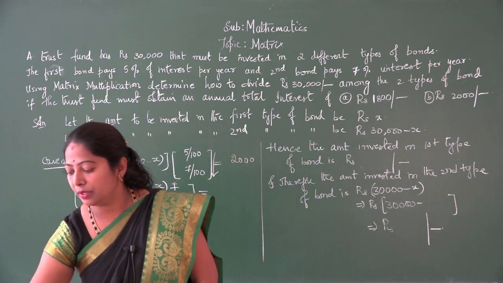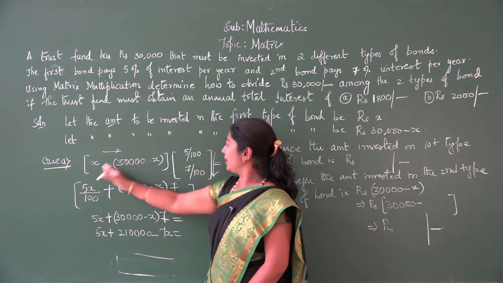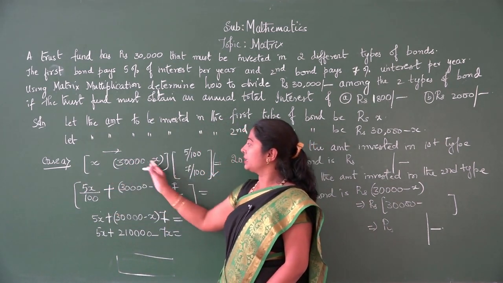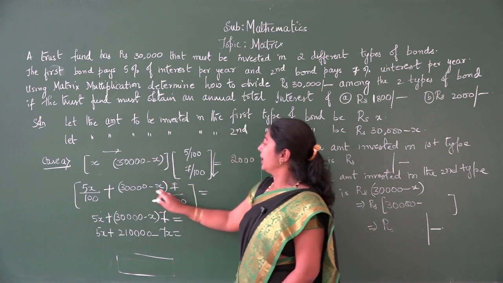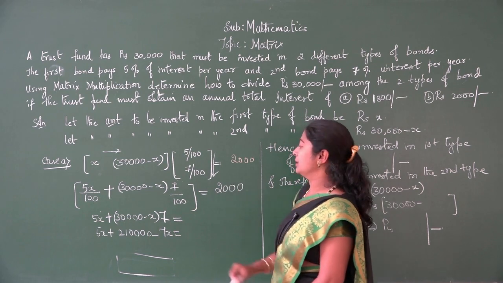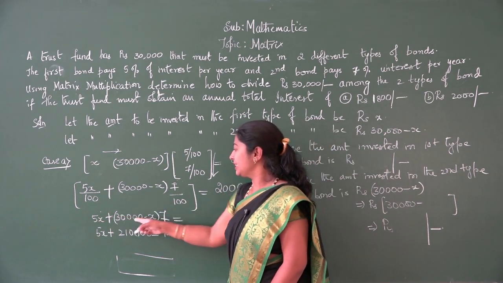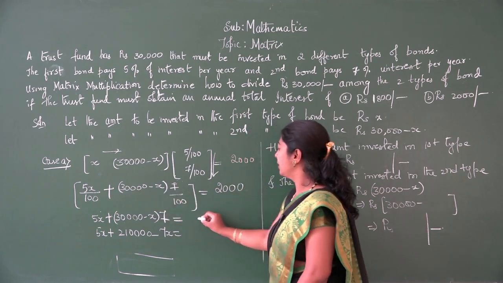So speaking about 2,000, we have, as usual, matrix multiplication. We have 5x divided by 100 plus 30,000 minus x into 7 divided by 100 is equal to 2,000. Taking LCM and simplifying, we have 5x plus 30,000 minus x into 7.